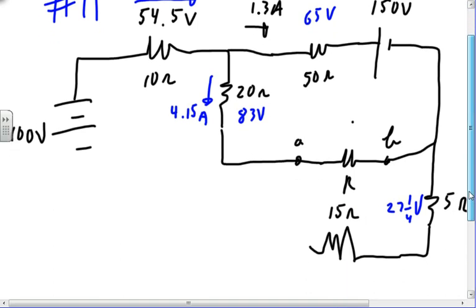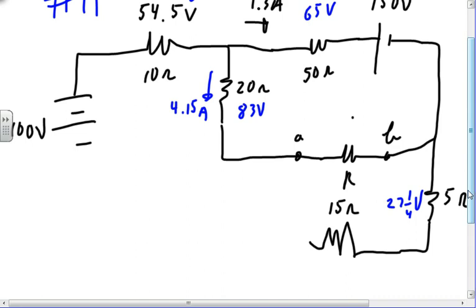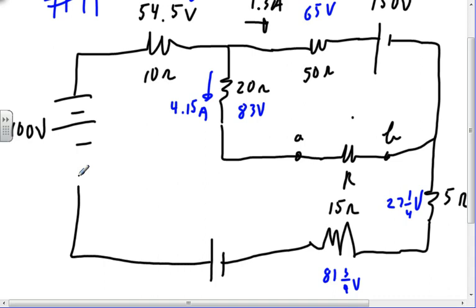That same current has to be flowing through it, so 5.45 times 15, I've got to have 81 3/4 volts across him. 81 3/4 is what my calculator has. So now I've calculated everything that I could possibly get.